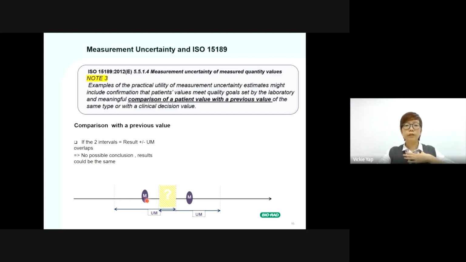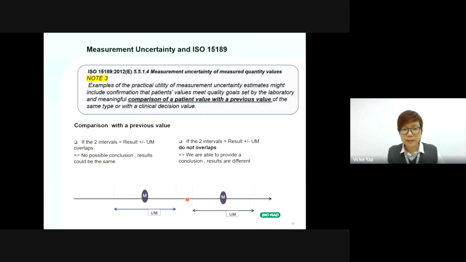So when there is an overlapping part, no conclusion is possible, and the results could be the same. Even though I released the first reading, my result could be here. After I release my second reading, my result also could be here. So we cannot conclude whether the first reading and second reading are the same or different. Compared to this, the second situation: if the two interval results, plus minus MU, do not overlap, we are able to conclude the results are different.